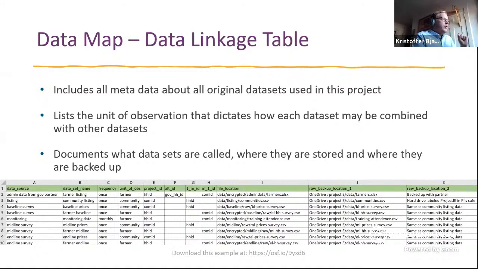So the prices for one community are merged with all the farmers living in that community. Columns G and H in this data linkage table example show which other units of observation each data set can be merged one-to-many and many-to-one to.